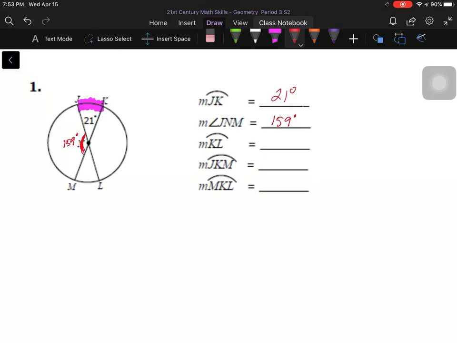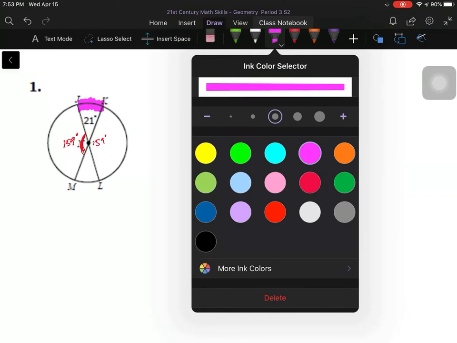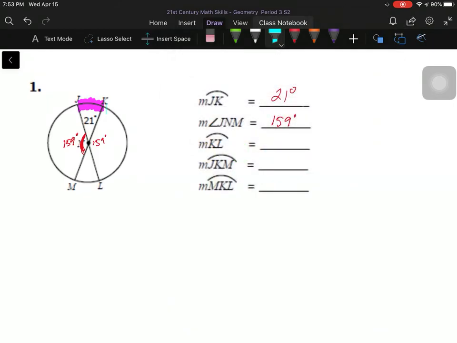The measure of arc KL. Because those angles are vertical angles from previous chapters, we know that those angles are the same. So if I want to find arc KL, I know that that's also going to be 159 degrees.